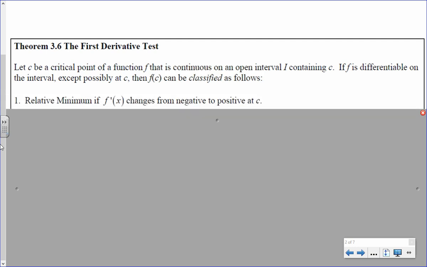So if you notice that your derivative changes from negative to positive, then you have a relative minimum, because that means we are switching from decreasing to increasing on our function.